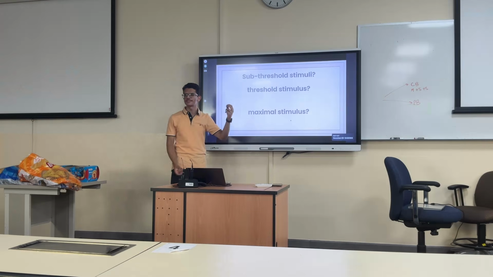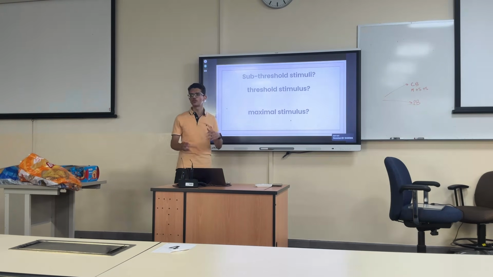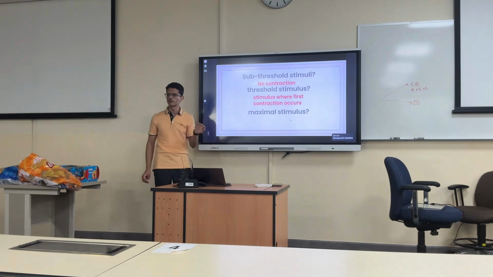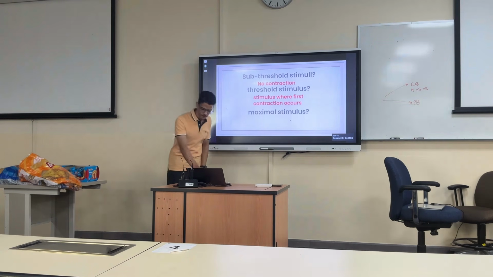So what do we call a stimulus that will make the voltage reach only 20? A sub-threshold stimulus. So it is a stimulus which will not cause any contraction. A threshold stimulus is the first stimulus that is enough to cause a contraction, which will make it exactly 30.